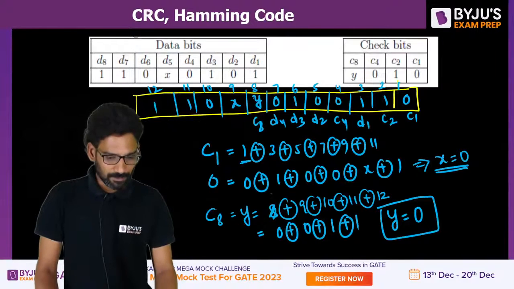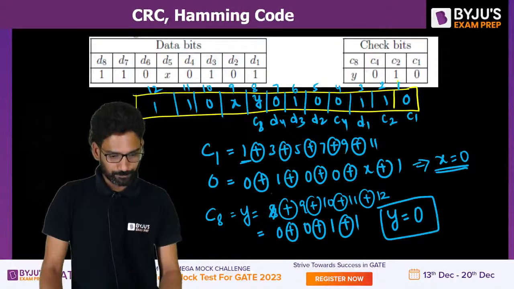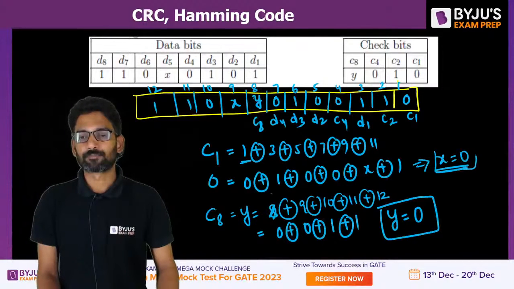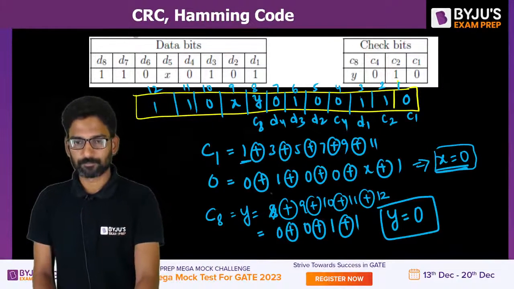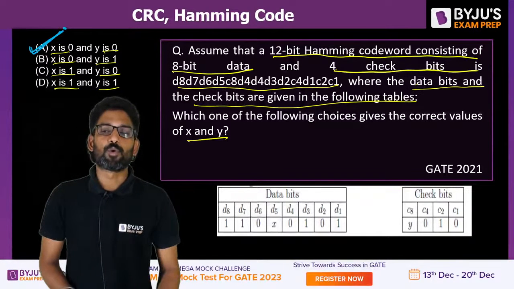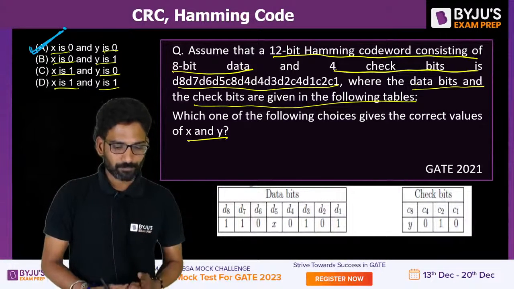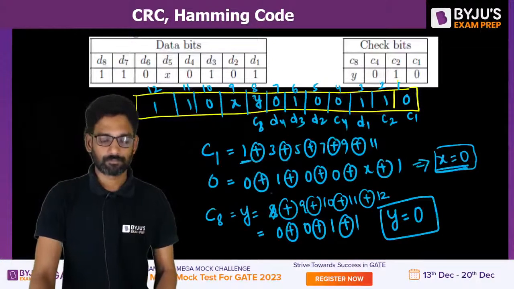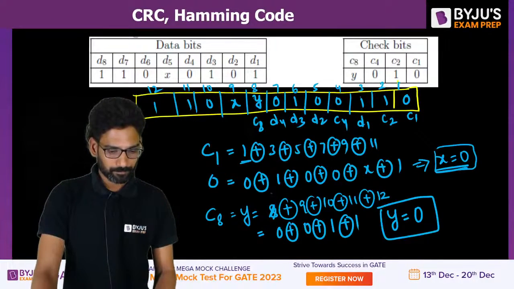So, X is 0, Y is 0. Got it, Satya? So, the right answer is X is 0, Y is 0. Right?